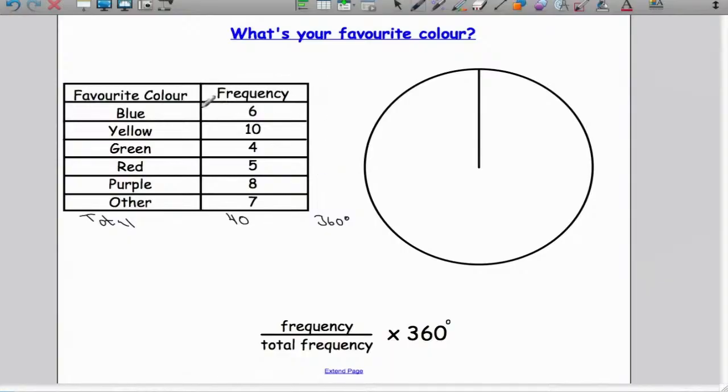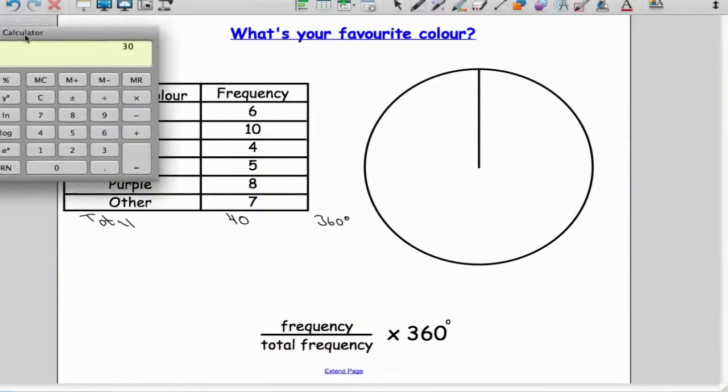So we got to work out how big will each slice of the pie be for each colour. And in order to do that, we need to use this little formula down here. So you're going to do the frequency divided by the total frequency and multiply that by 360 degrees. And that will tell us how big the angle should be for each slice. So let's do the first one.